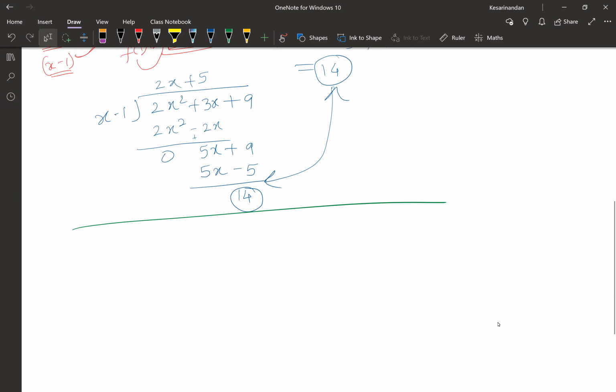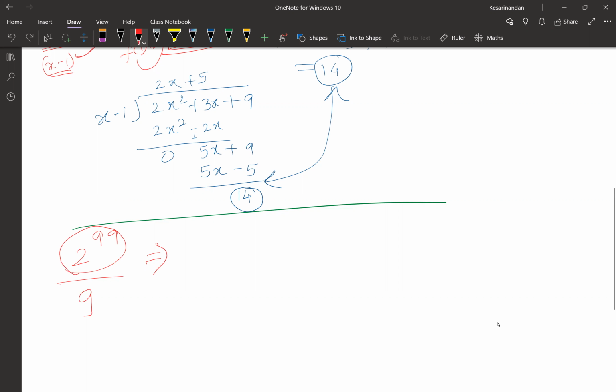So let's take an example. Now, what if 2 raised to 99 is to be divided by 9? What do I do? Now let's see. This is a polynomial. It's just that it's x raised to 99 and x here is 2.